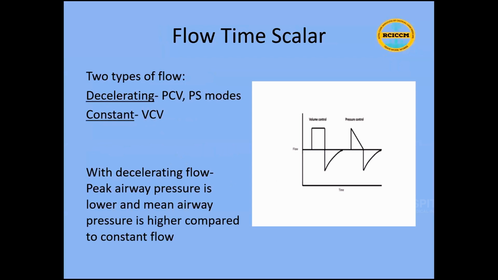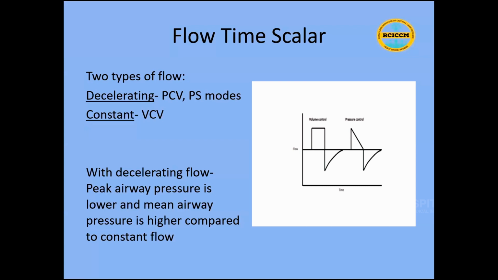Then looking at the flow time scalar, there are two different types depending on the type of flow. There are umpteen flows that can happen, accelerating flows as well, but in the context of ventilating human beings, these two flows are commonly used: the decelerating and the constant flow. The decelerating flow is typically used in pressure control ventilation or pressure support modes, and the constant flow tends to happen in a volume controlled mode.